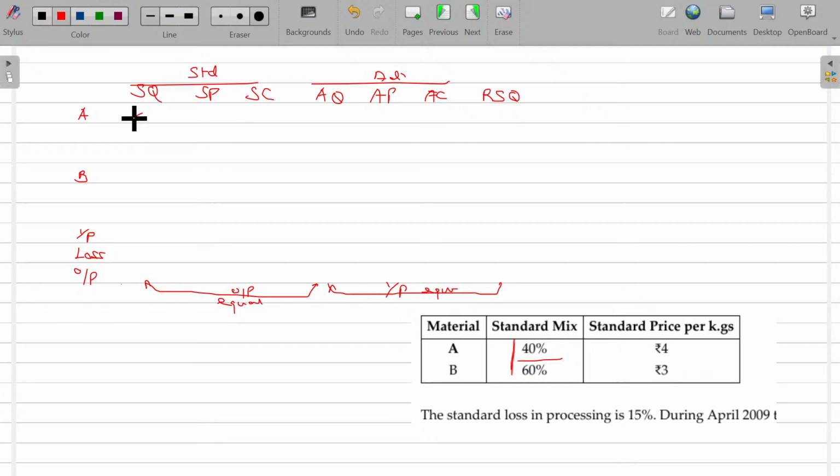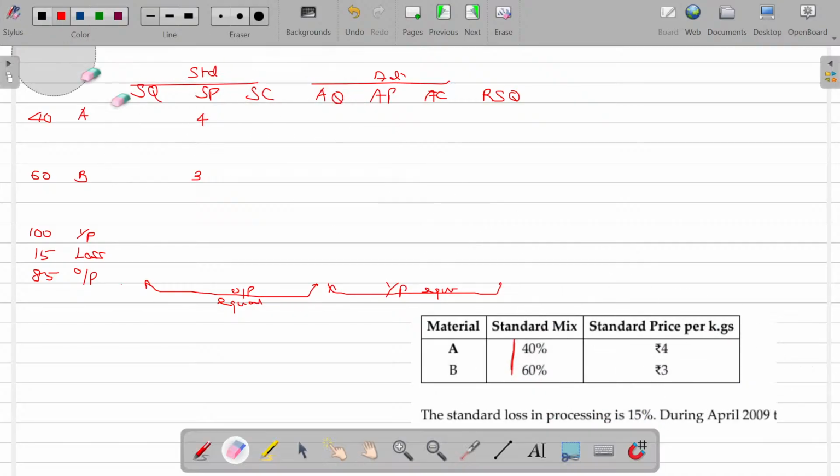A introduced 40%, B introduced 60%, 100% should be the input. Actually, we expect 15 units may be lost and 85 will be the output. And price for A being 4 rupees and price for B being 3 rupees. Okay. So with that, I have posted this item.